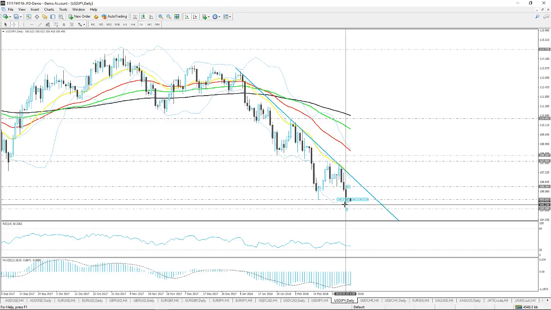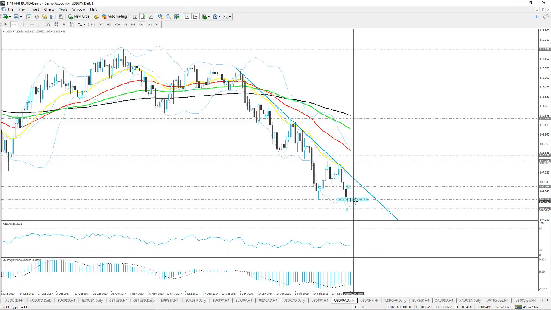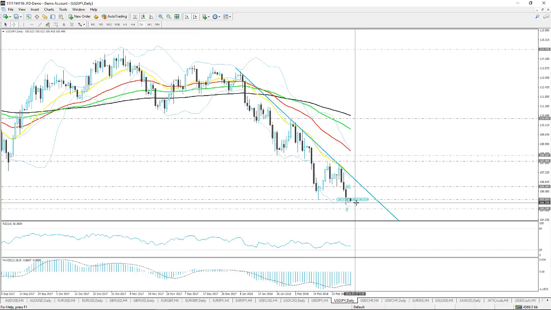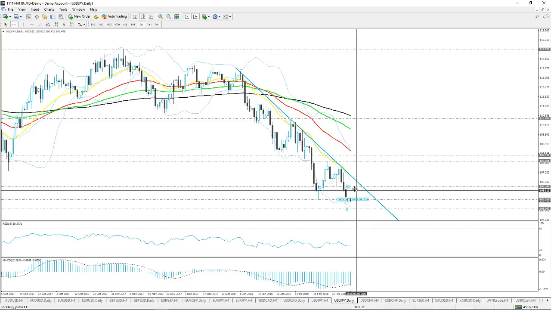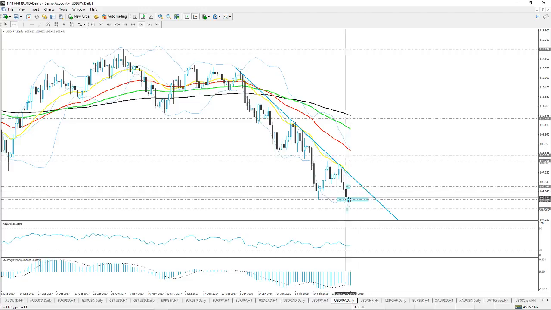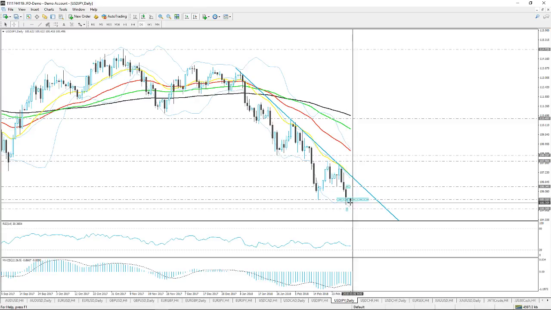It just slightly closed above this. We're now seeing the daily candle becoming a bearish one, but it's just the beginning of the day, so let's wait and see what happens. This one is a good one to watch, but be very careful.